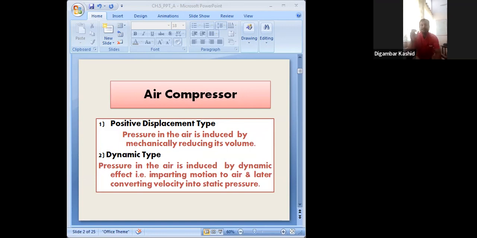Before that compressed air is supplied to the other circuit components, it should be conditioned or processed so that you can achieve better performance, and the compressed air should be safe for operation. You have to make that clear before supplying it to your actuator or further system.